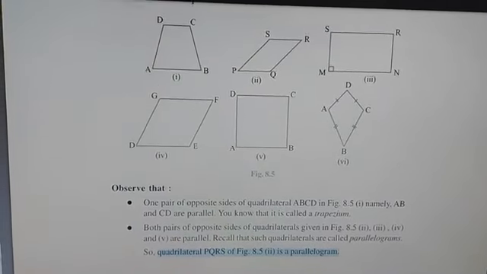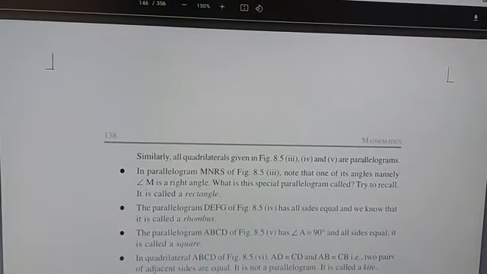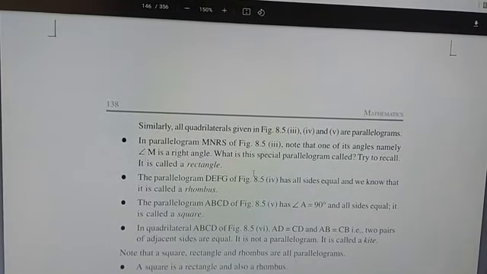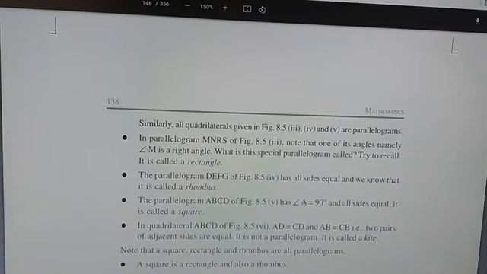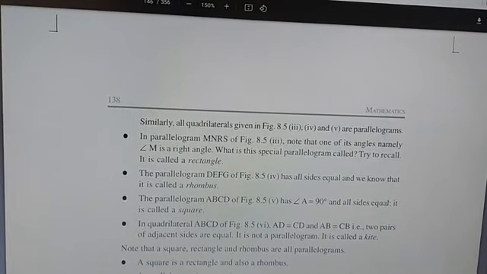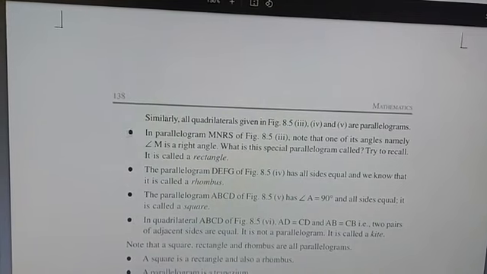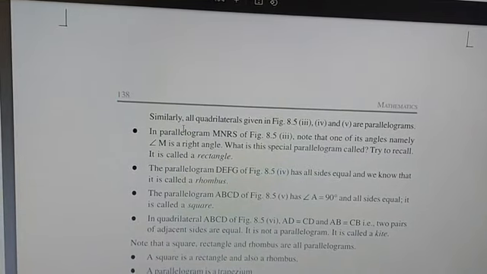The third one's name is rectangle. Now write for the rectangle: opposite sides are parallel.